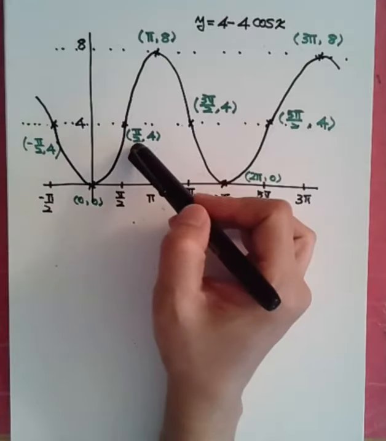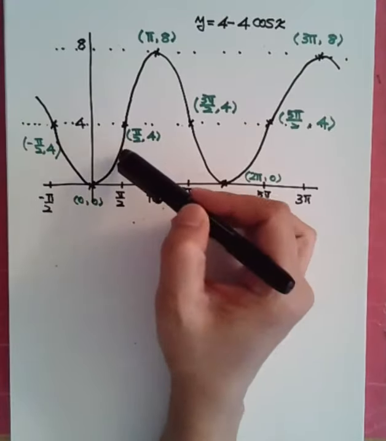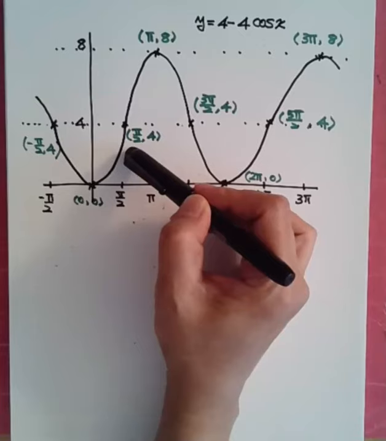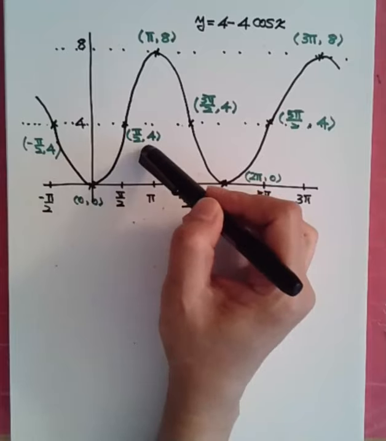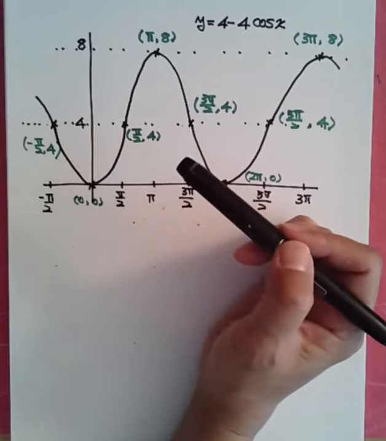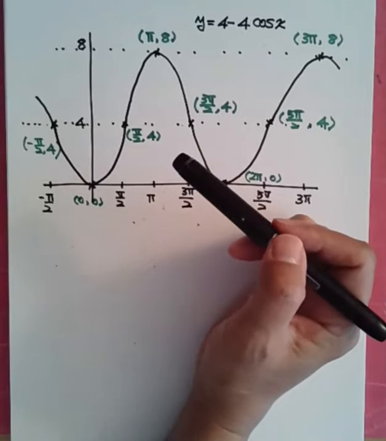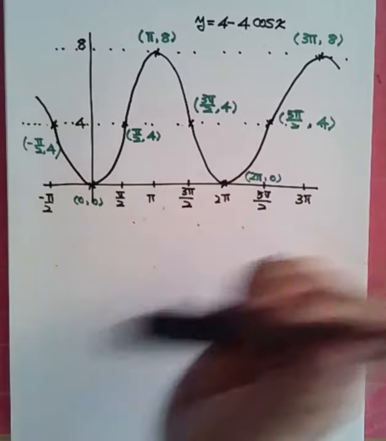And this means when angle is pi over 2, the distance between the origin and the point on the terminal side of the angle pi over 2 will be 4. We will keep interpreting in that way to graph the polar coordinate. Let's do that.